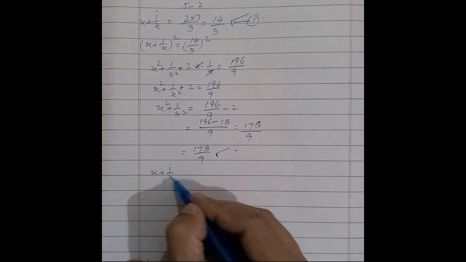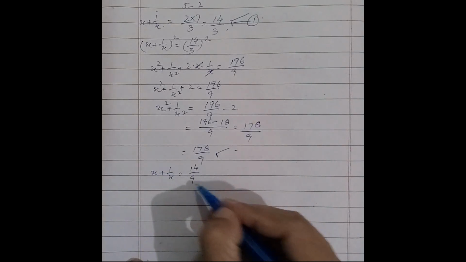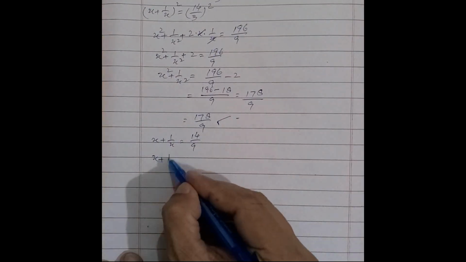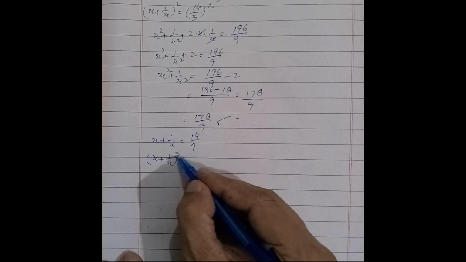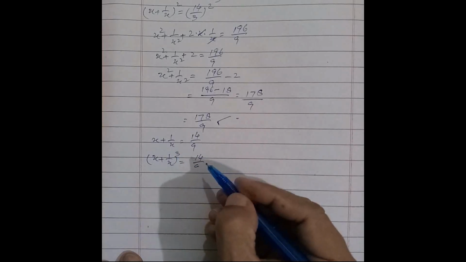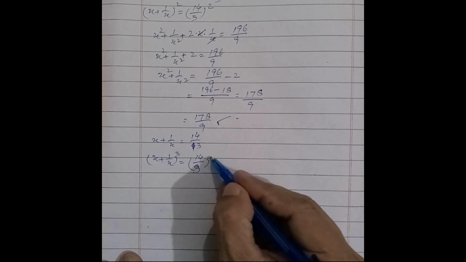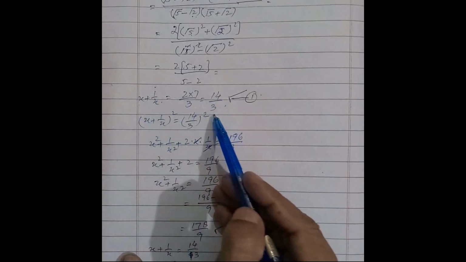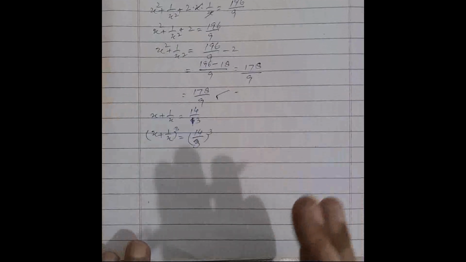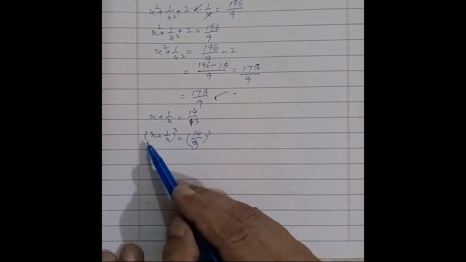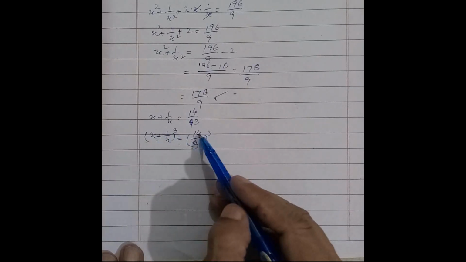It is x plus 1 over x is equal to 14 over 3. I wrote a mistake, 9, but it is 14 over 3. So take cube both sides, which is x plus 1 over x whole cube is equal to 14 over 3 whole cube.